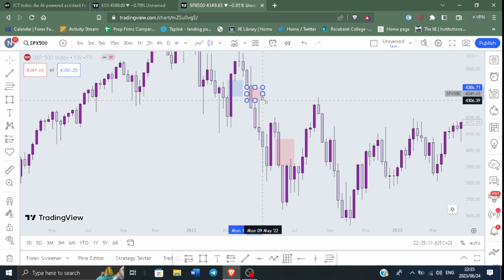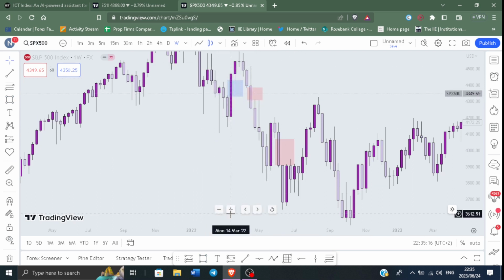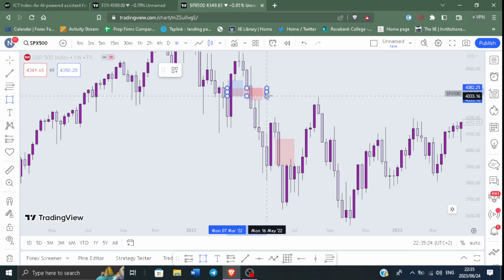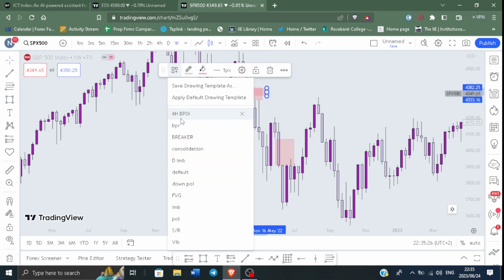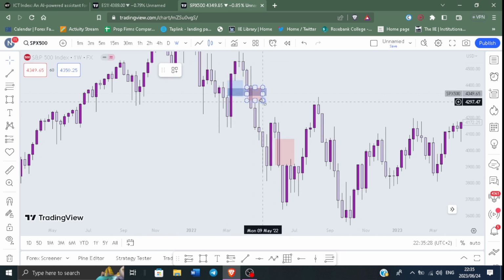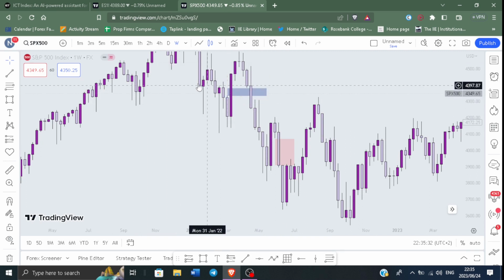But if you look closely, you will notice that they overlap each other. So you're going to mark out the part that overlaps from the first fair value gap to the second fair value gap.